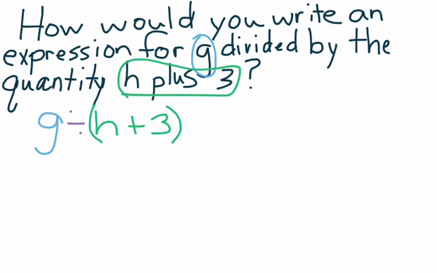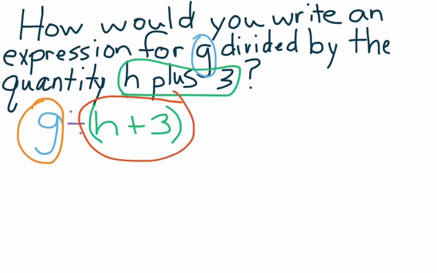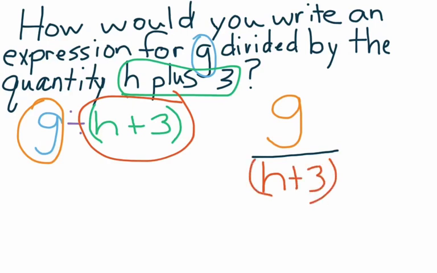If you want to rewrite it using a fraction, here is your dividend, and here is your divisor. So you're going to write the dividend on top. Since I circled that in orange, I'm going to write that in orange. Here's your dividend. And your divisor is going to be what I circled in red. And your whole divisor is going to be h plus 3, because you have to keep the whole thing together.